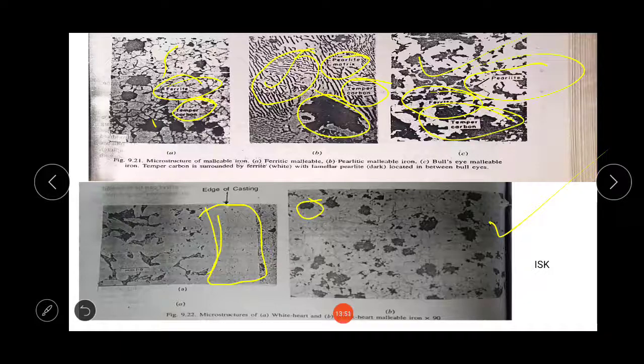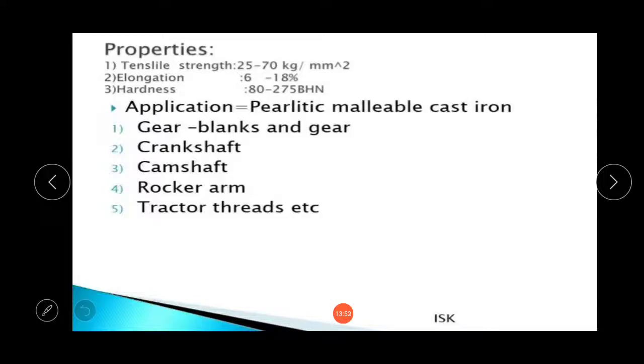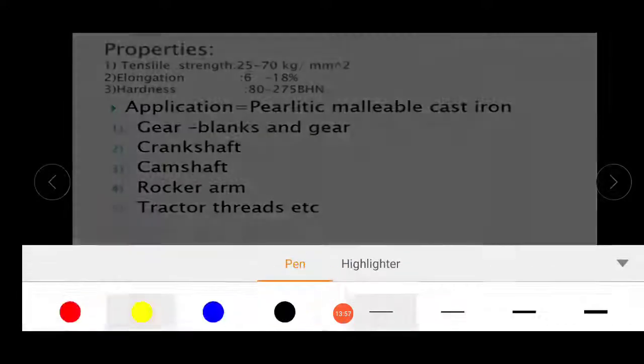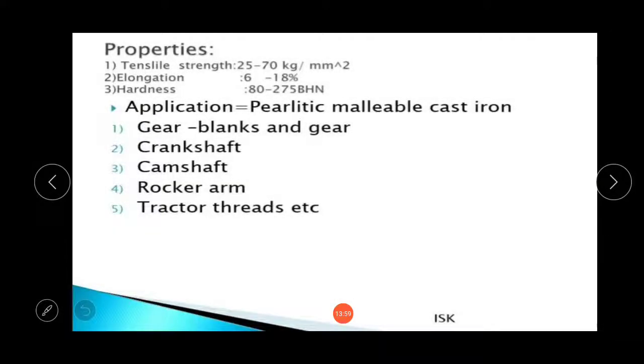Now we discuss the properties of malleable cast iron. First property is tensile strength of the malleable cast iron, equal to 25 to 70 kilogram per mm square.